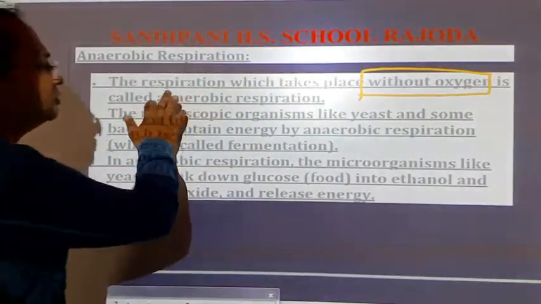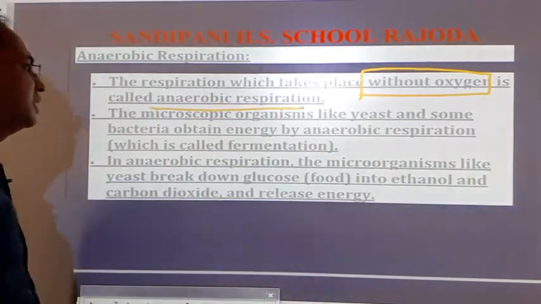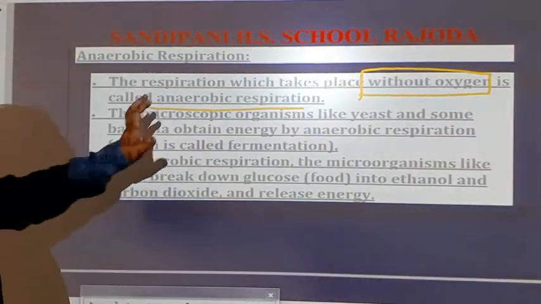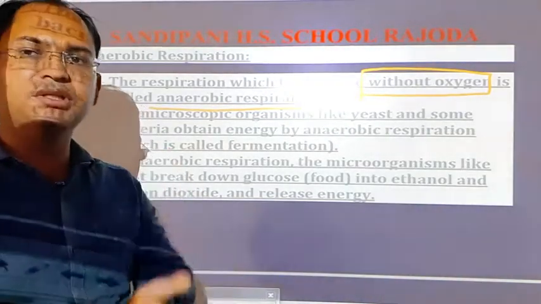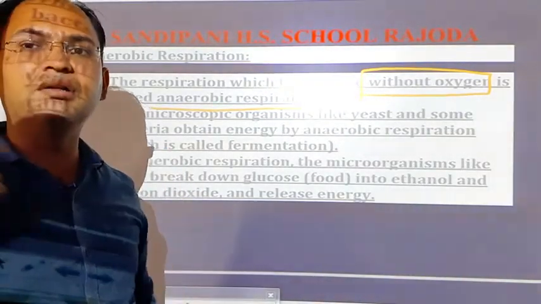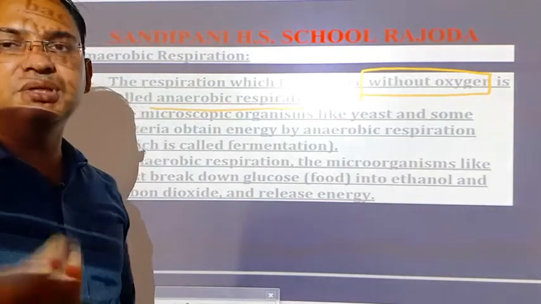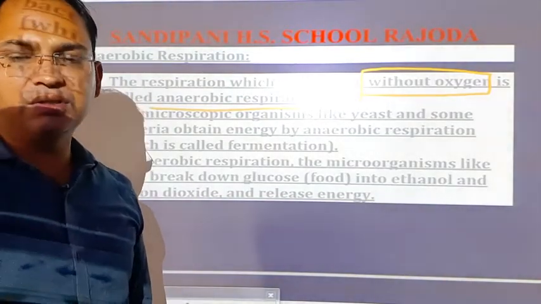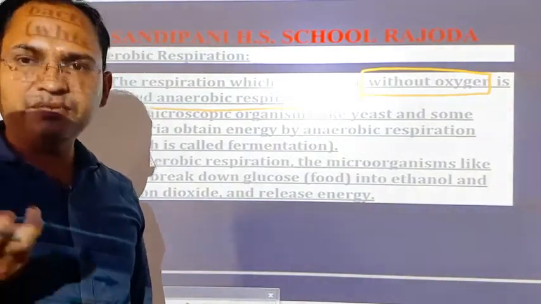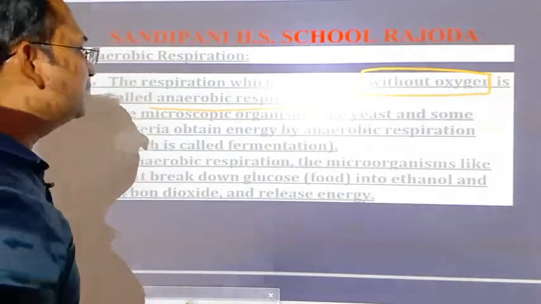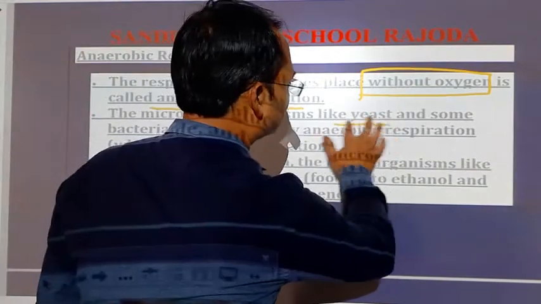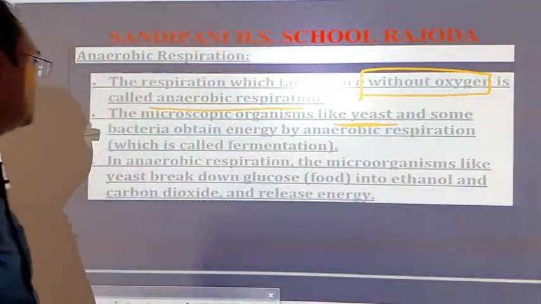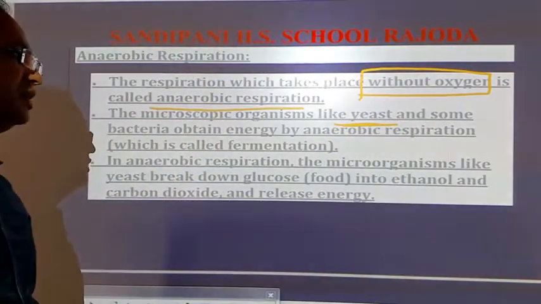Secondly, the organisms in which this respiration is found are known as anaerobes. It is mainly found in microorganisms that are made up of a single cell, just like yeast, which is used for fermentation, and some bacteria.